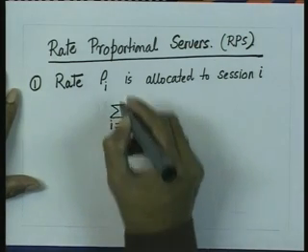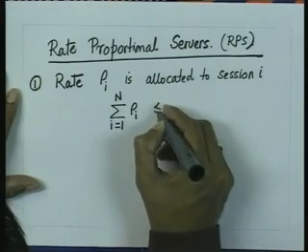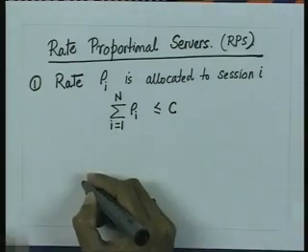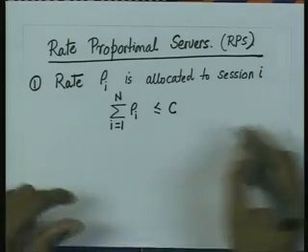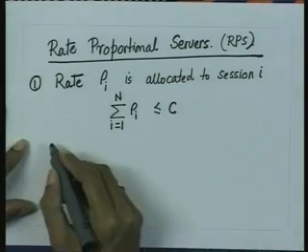So for i equal to 1 to n, the sum of rho i should be less than or equal to C, where C is the total link rate, the service rate of the system.